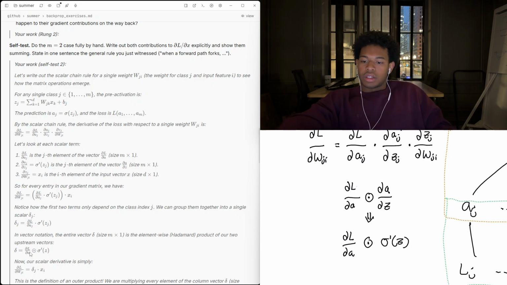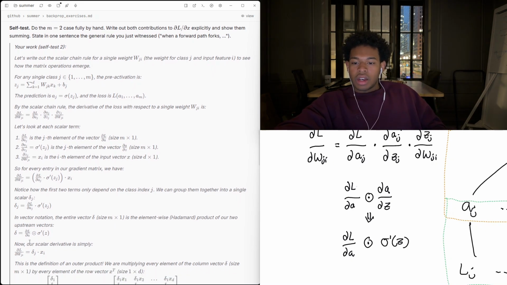And yes, so that means this vector. Yeah. Now our scalar derivative still goes back to this vector. No, this element of this vector times this element of this vector.